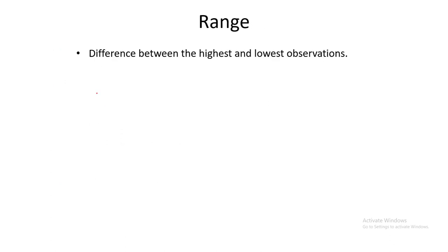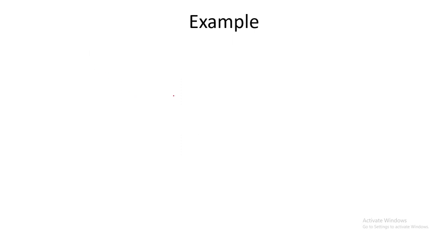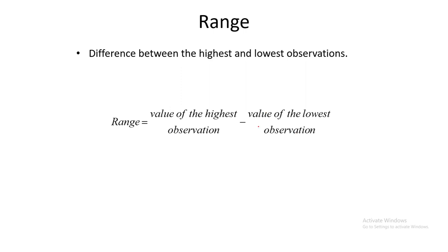So what is the range? Range is the difference between the highest and the lowest value. Very simple. Just look at the highest value of the data and the lowest value of the data. Take the difference between them, it gives you the range. Okay, so value of the highest observation, value of the lowest observation.